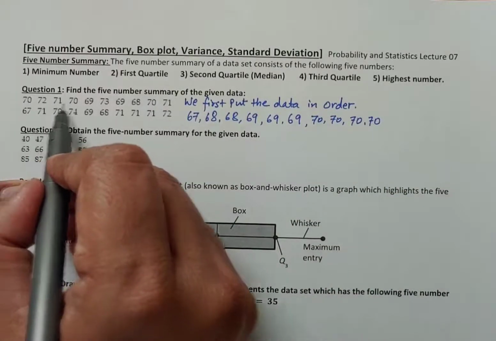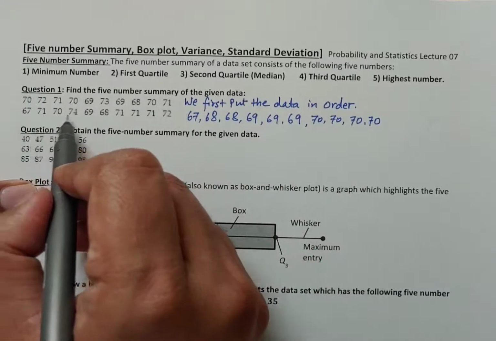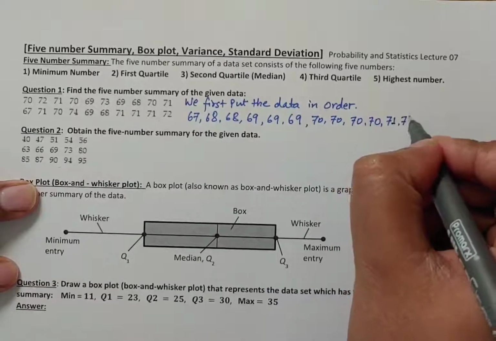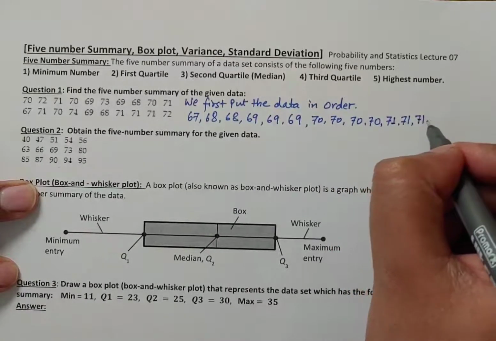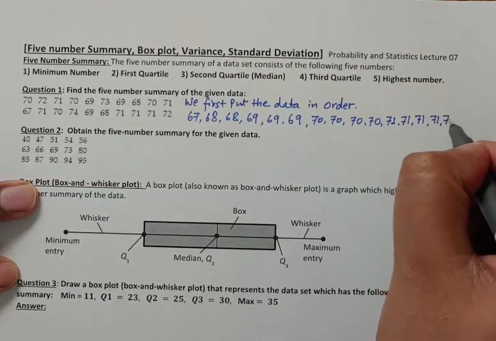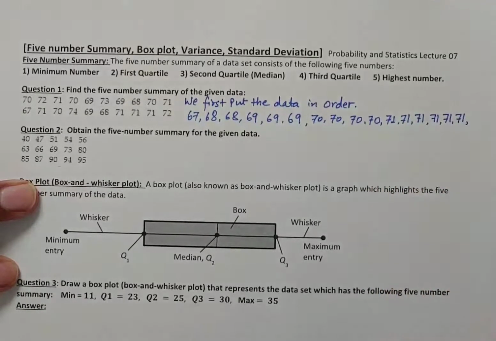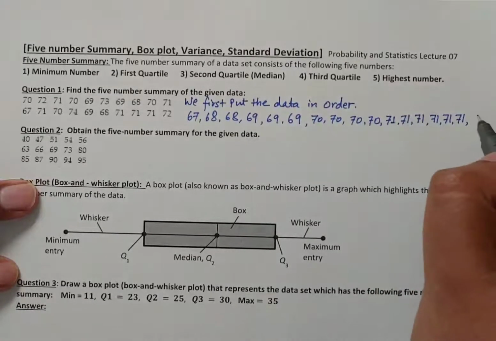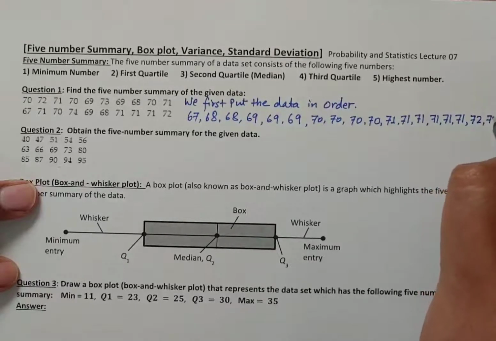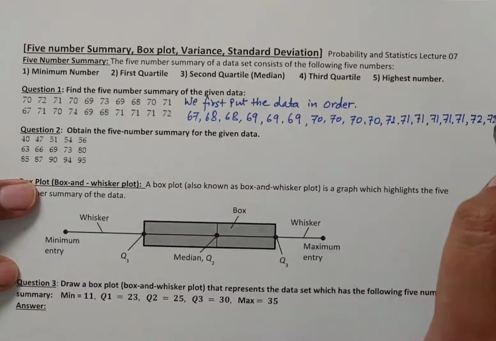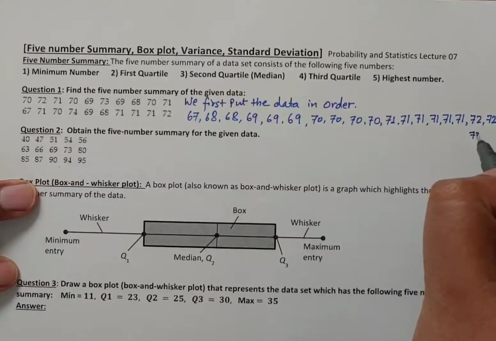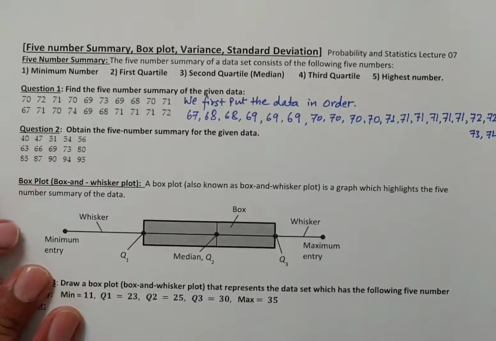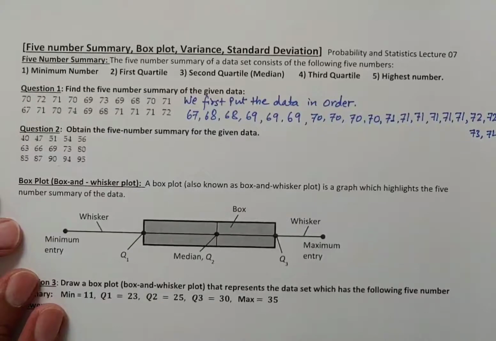Then 6 71s, which is 1, 2, 3, 4, 5, 6: 71, 71, 71, 71, 71, 71. And then 2 72s: 72, 72, and then 73 and 74, and 73 and 74. So this is how we put the data in order.